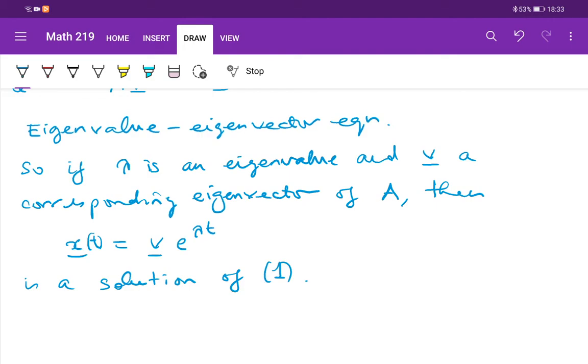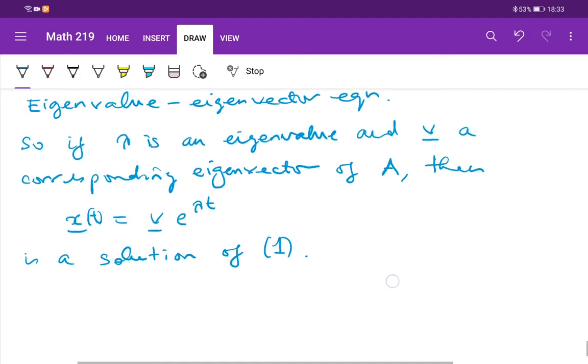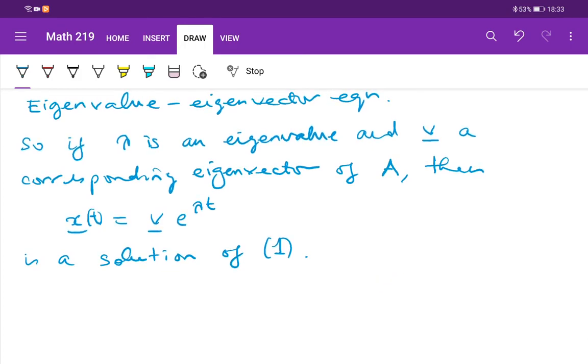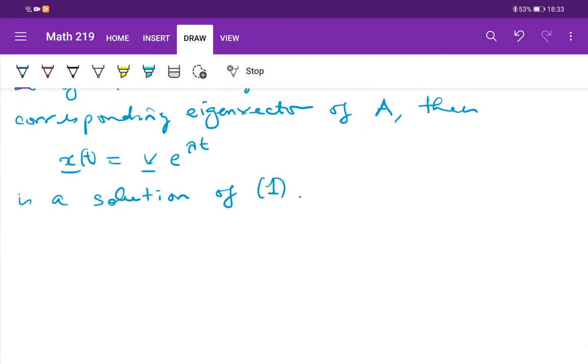So we can find some solutions like this. Providing we can find eigenvalues and eigenvectors, we can find some solutions of our equation. So let's look at some examples.